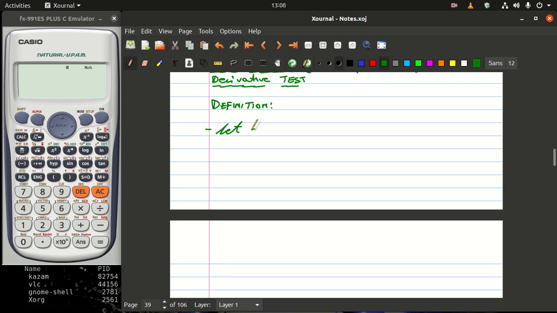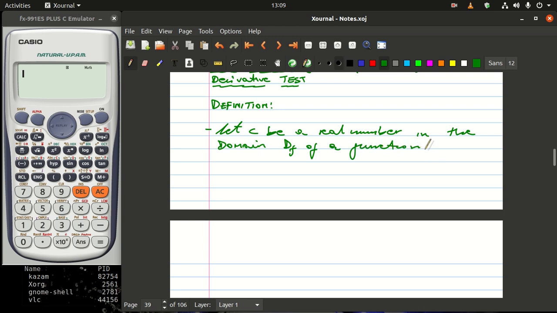Let C be a real number. It is a real number in the domain. So we must have a function and its domain. So let's say C is a real number in the domain Df of a function f. Then if I take this C and plug it inside this function, there are some things that will actually happen.